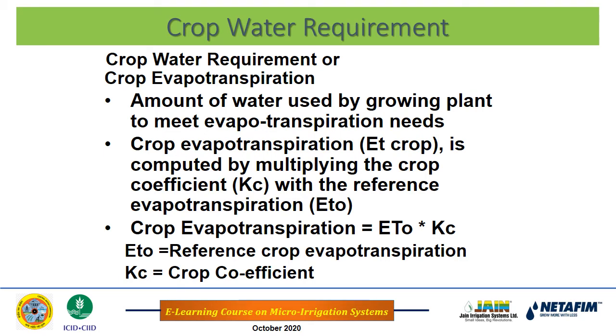So when we multiply reference evapotranspiration with the crop coefficient for a particular crop, it gives the crop water requirement for that particular area and that particular crop. So for any location wherever we are planning our irrigation, we first have to work out the reference evapotranspiration of that area.